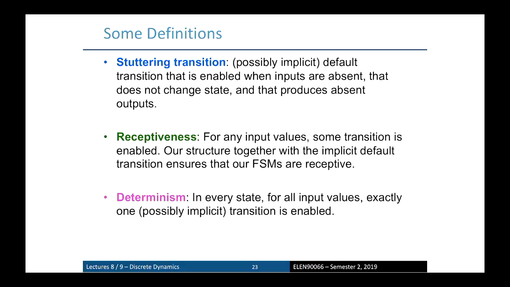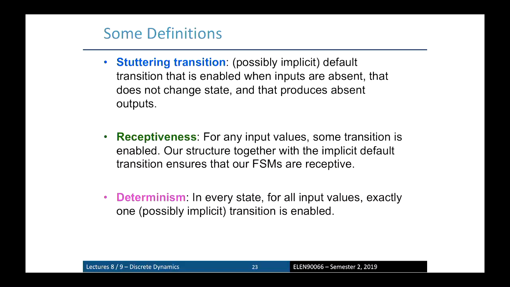Lastly, and we're going to focus a bit more on this because this is where it gets really interesting, to do with abstraction, determinism. What we mean by determinism is that in any state, for all input values, you've only got one possible transition enabled. So you can have complex state machines that may, out of one bubble, have 5 transitions, but at any one time, only one is enabled.